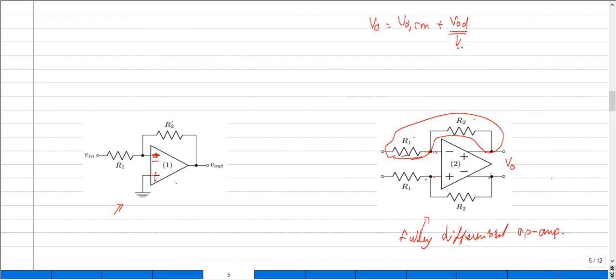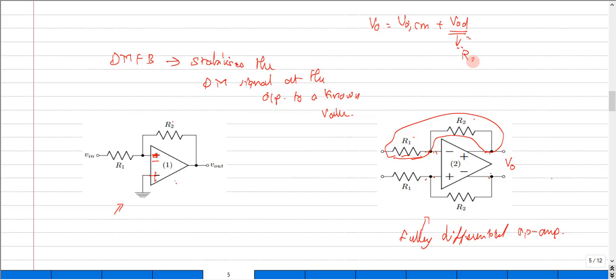Basically, this negative feedback, or I can just write it as the differential mode feedback circuit, stabilizes the differential mode signal at the output to a known value. So what I really mean is the VOD could be defined simply as R2 by R1 times my differential input.